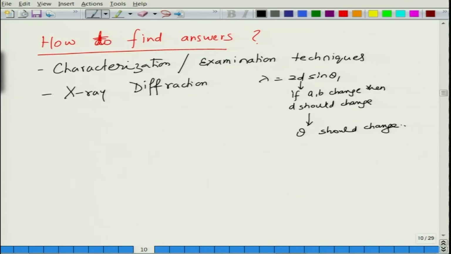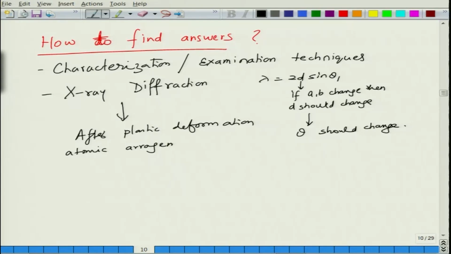So, when we do X-ray diffraction, we find that after plastic deformation, atomic arrangement remains the same.